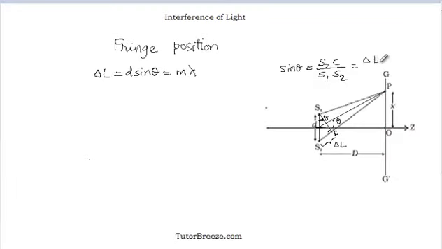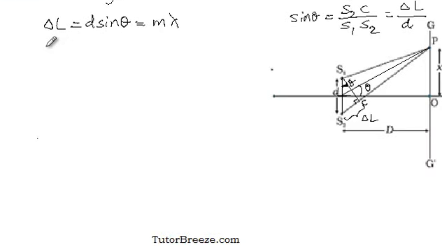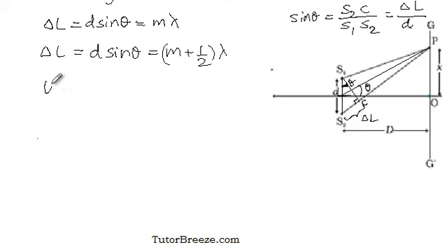S2C is delta L and S1S2 is the distance between the two slits, which is d. So we have d sine theta equals delta L, and this equals m lambda gives us a case of constructive interference, whereas if the path length difference is m plus half lambda, we get the position of the dark fringe.